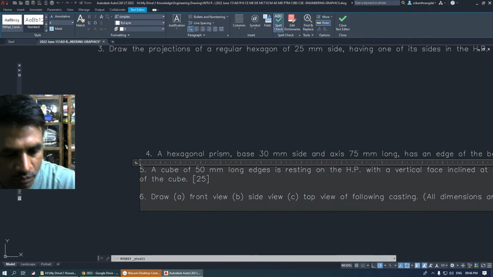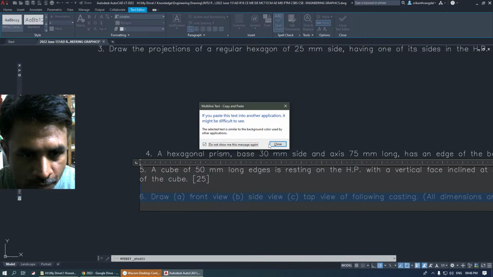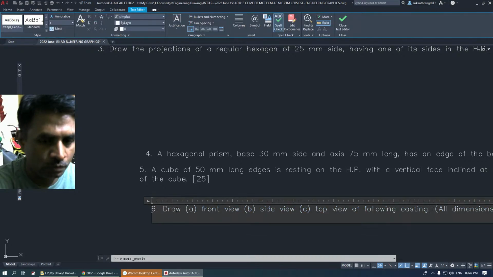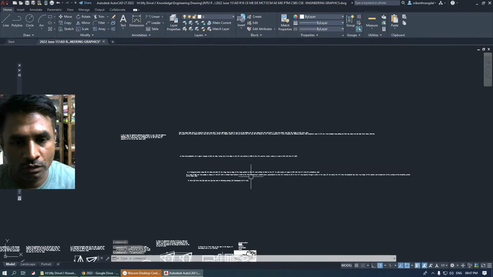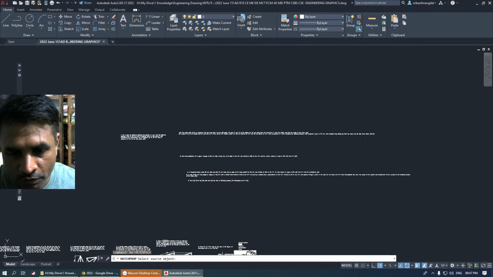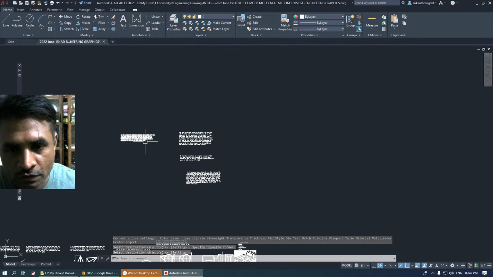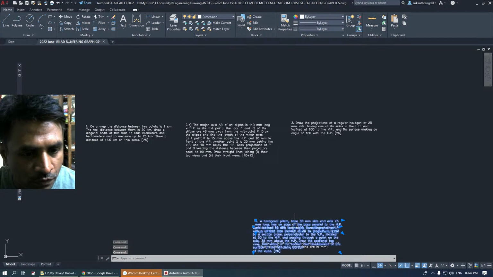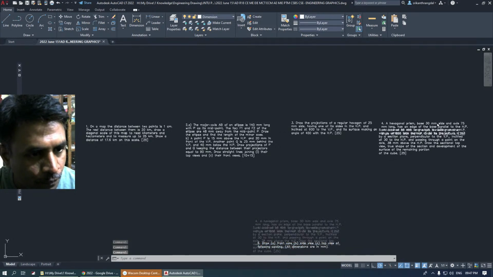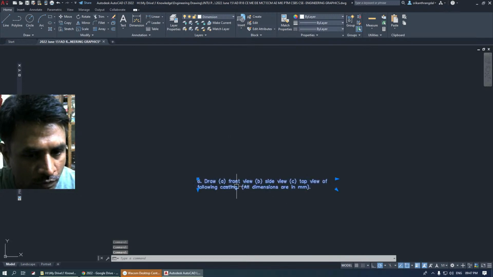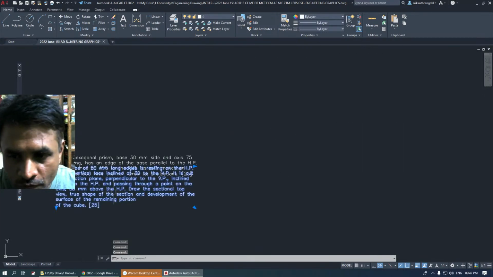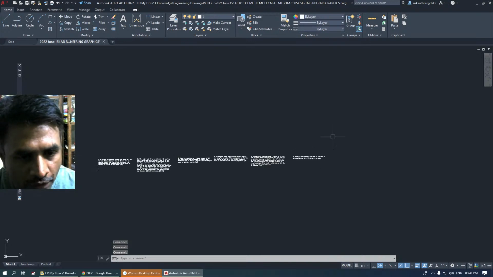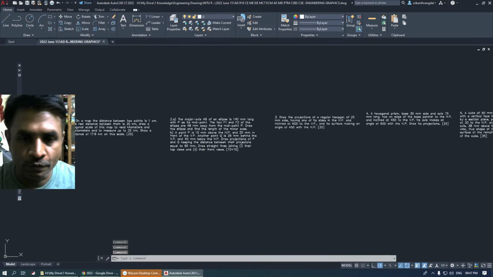The last one is this. There we go. So we have copied all the questions here in the iPad, and we are now ready to solve it. Apply the same formatting for all this text, and we're ready now to place the questions side by side. Okay, so let's go ahead and solve it.